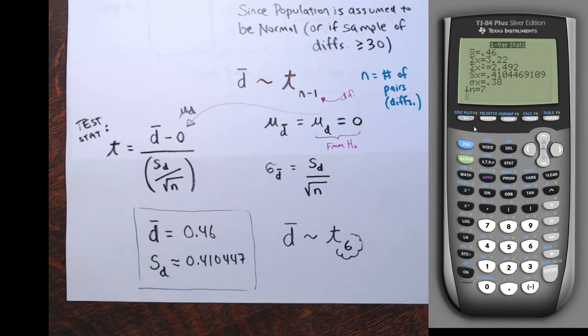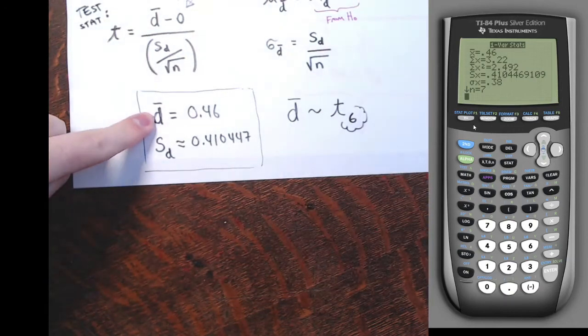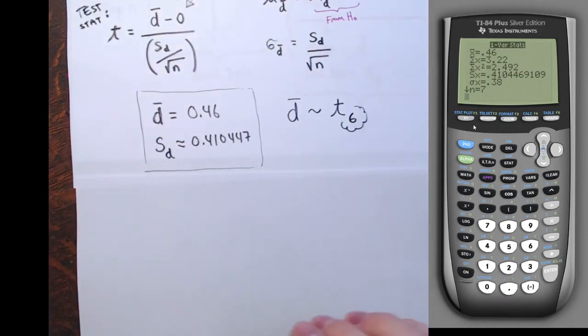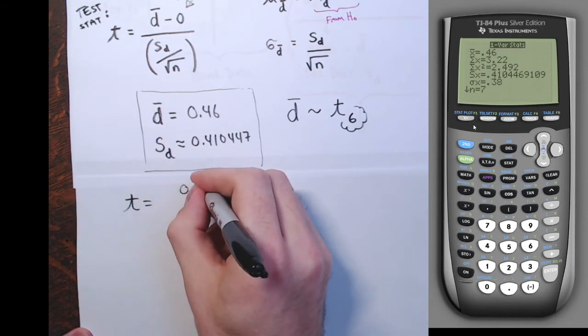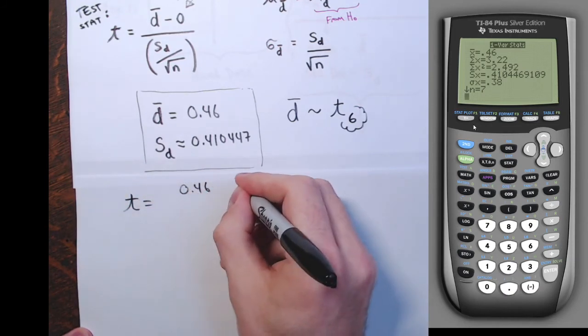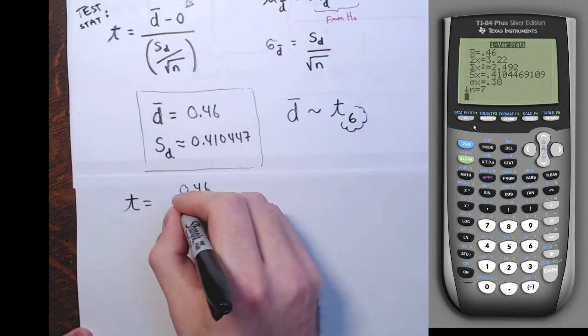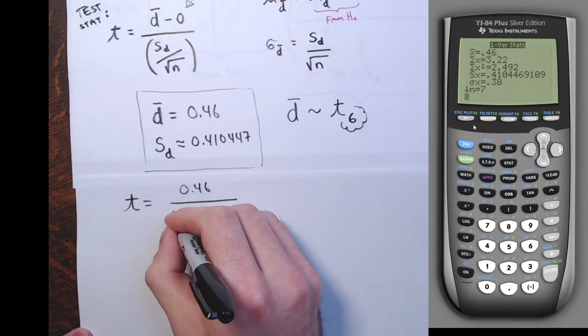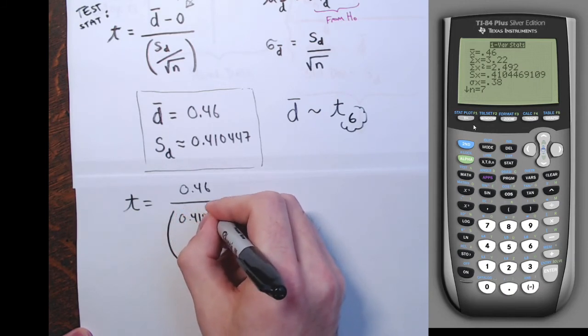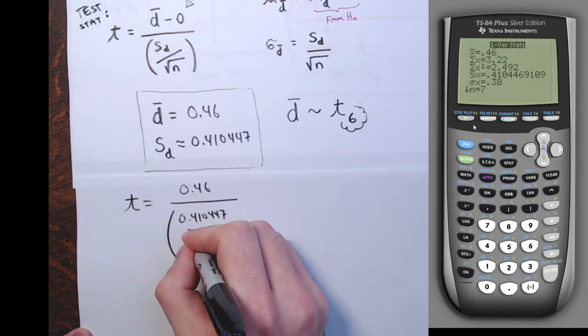All right, so now the test statistic. What's the t-score of our sample mean? What's the t-score of our d bar? So the test statistic is going to be 0.46 minus 0. We're going to be assuming that mu d is 0 here, divided by 0.410447 divided by the square root of 7.